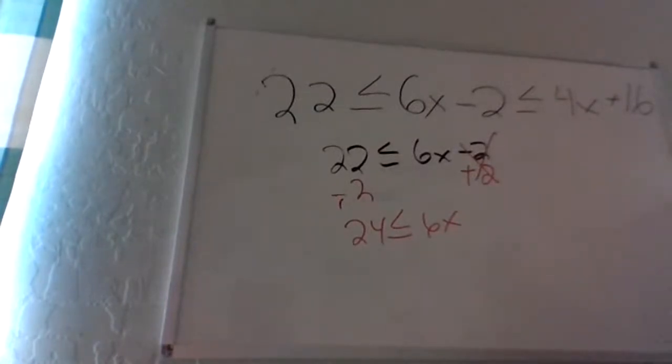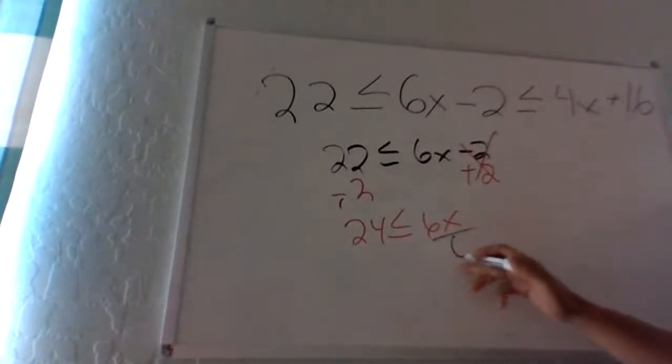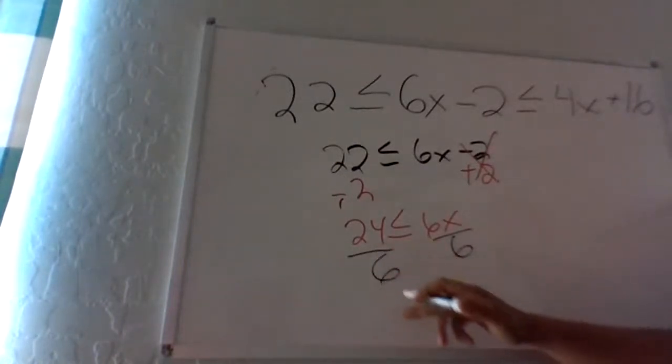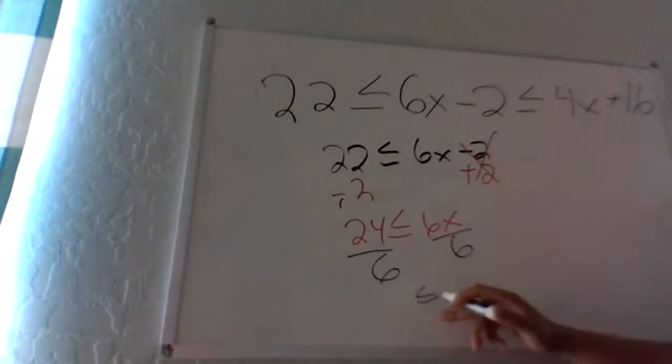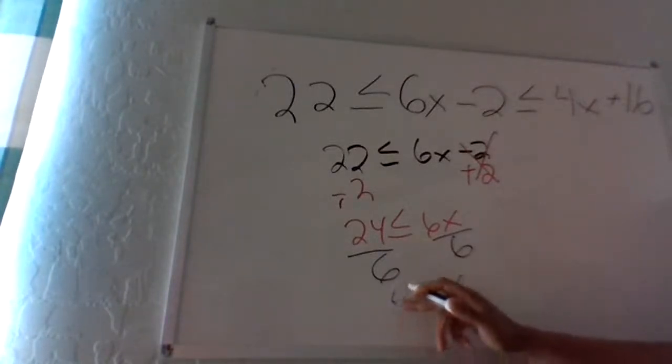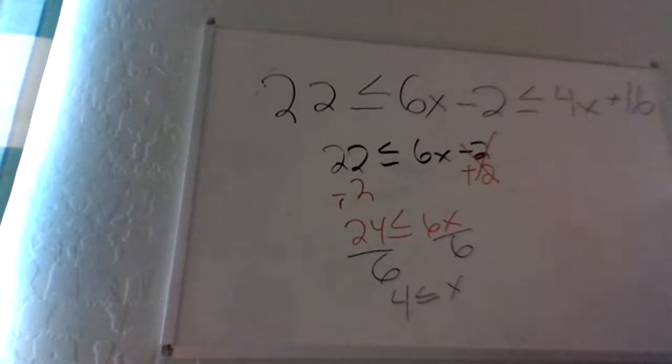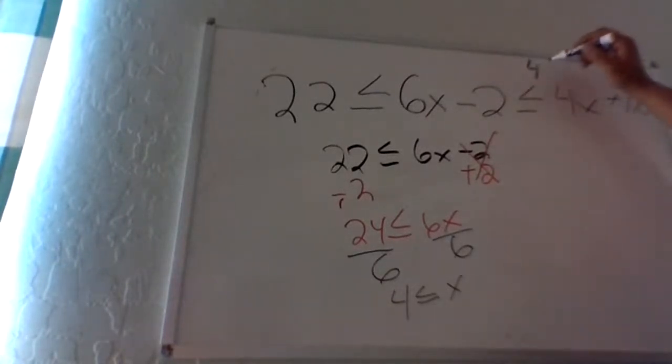Yes, and x is less than or equal to 24 divided by 6, and then x is less than or equal to 4. Okay. So we solved the first problem. So we know that 4 has to be greater than or equal to x. So I'm going to write that up here. And we're done now, right?